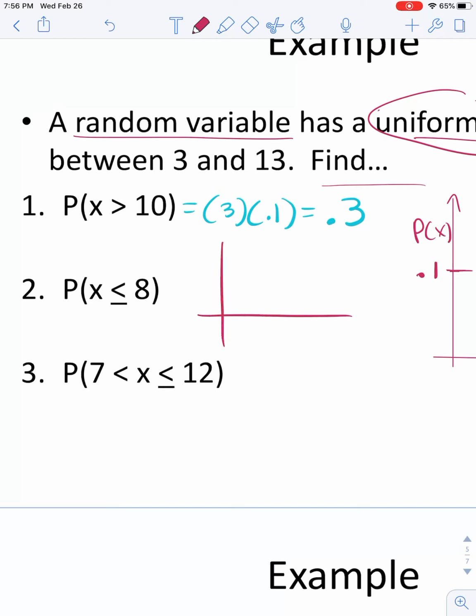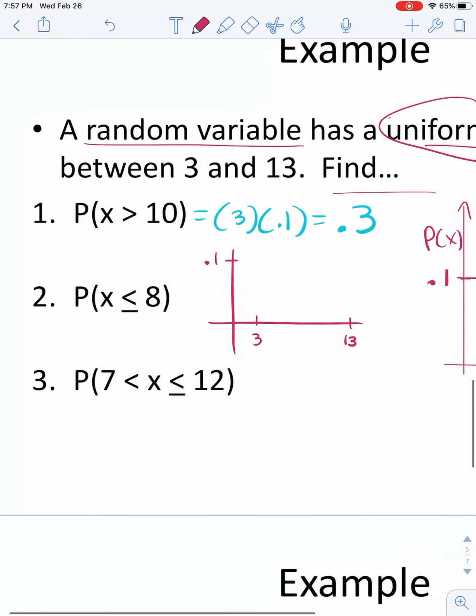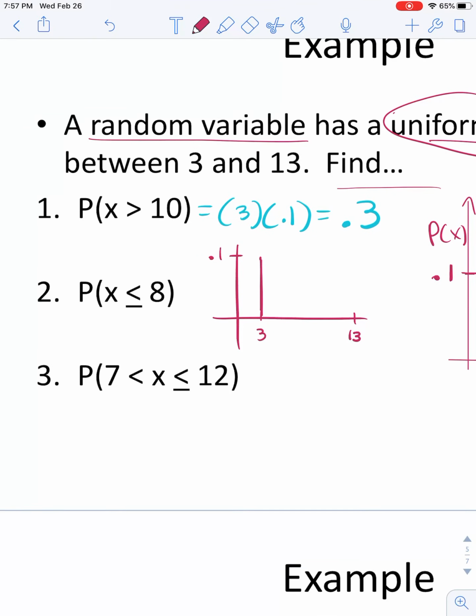The picture we were dealing with was from 3 to 13. We figured out, and this was the most important part of the problem, that the height was 0.1 at the beginning. We figured it out by drawing the picture and using the area formula to calculate the height.